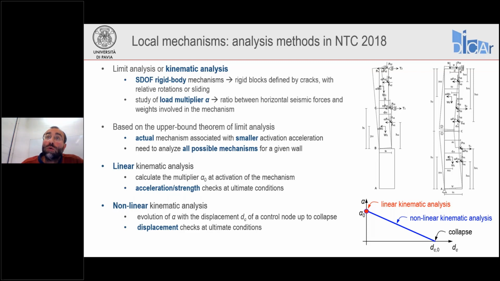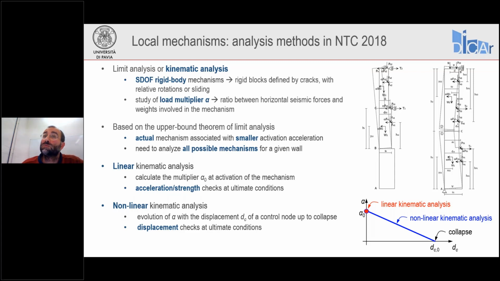Well, if we want to look at what happens between activation and collapse, then we need to perform a nonlinear kinematic analysis. With linear kinematic analysis, we consider acceleration and strength checks at ultimate conditions, while with nonlinear kinematic analysis, we look at the displacement, demand, and capacity of the mechanism.